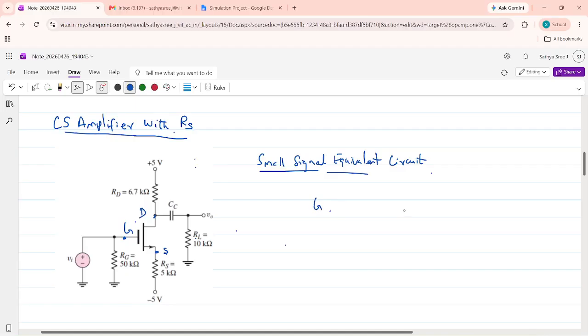So gate, drain, and source. We know that between the gate and the source we have an open circuit. The voltage across this is VGS. Between the drain and the source is a dependent current source of value GM VGS.